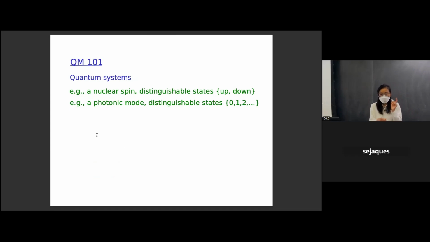It's spin up and spin down. Meanwhile, we may have heard that light waves have a particle aspect, so we call these photons. In the photonic mode, there are distinguishable states labeled by the number of photons inside. So in the second example, the distinguishable states correspond to essentially the non-negative integers.